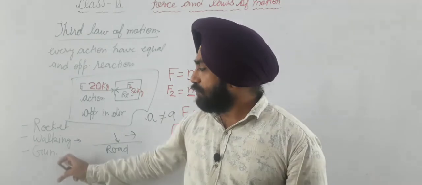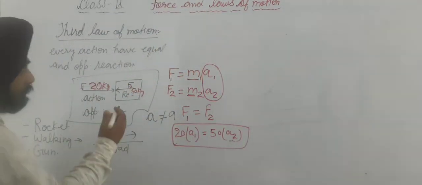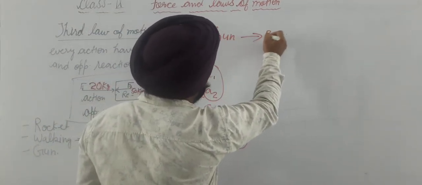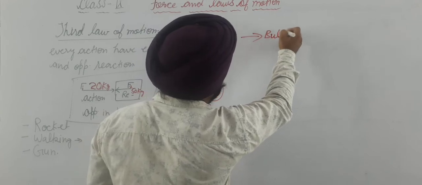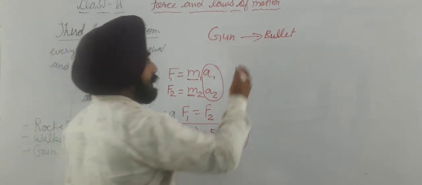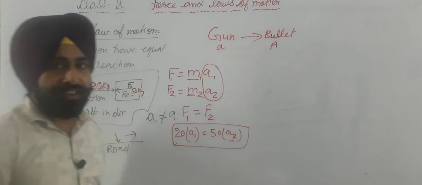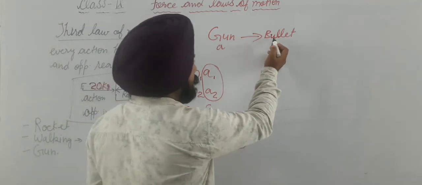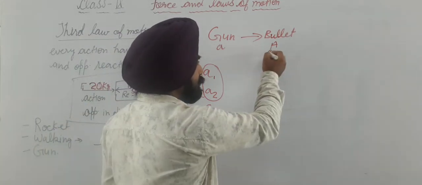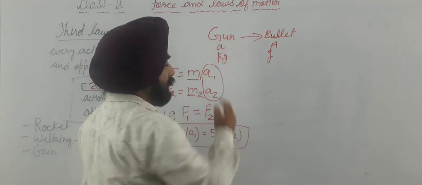Now take one more example, about guns. While shooting from a gun, a bullet is released. The bullet goes with a much higher acceleration compared to the gun, because the bullet has a much lesser mass. Bullet mass is in grams, but a gun is measured in kg, such as 1 kg, 5 kg, 6 kg.